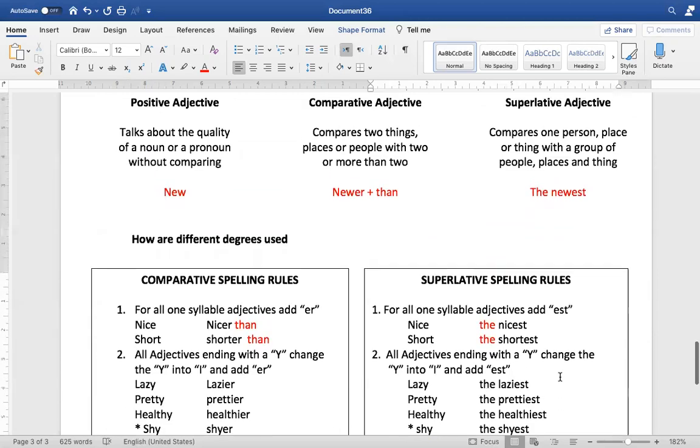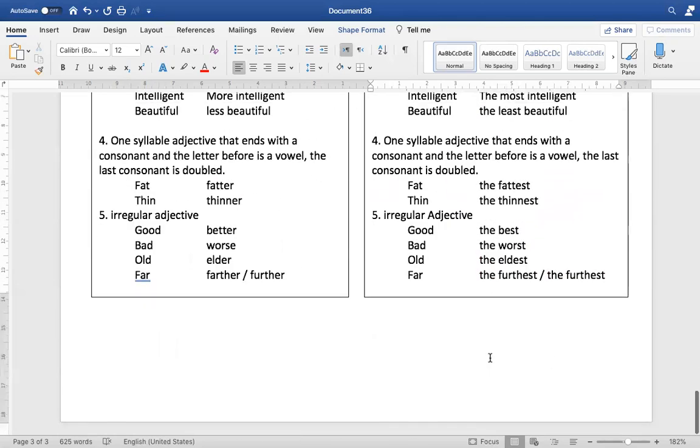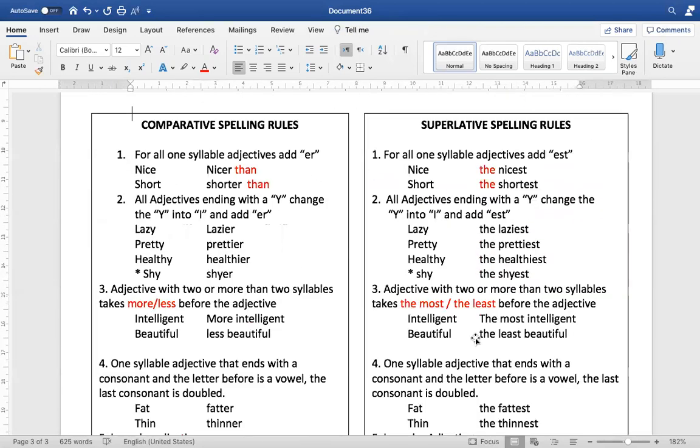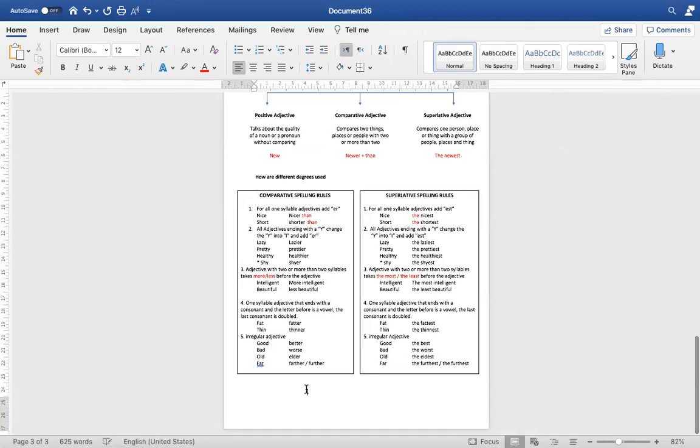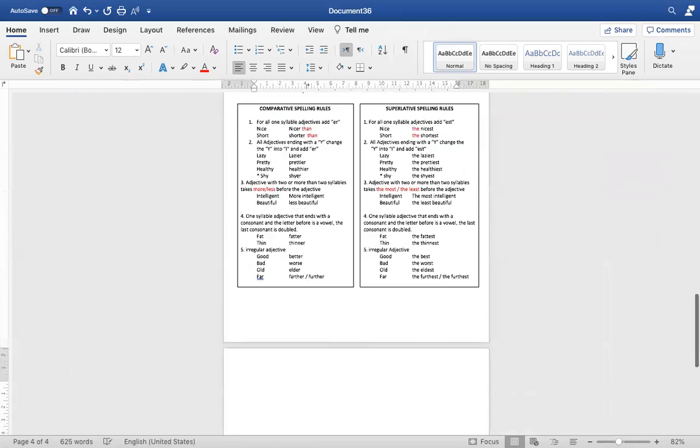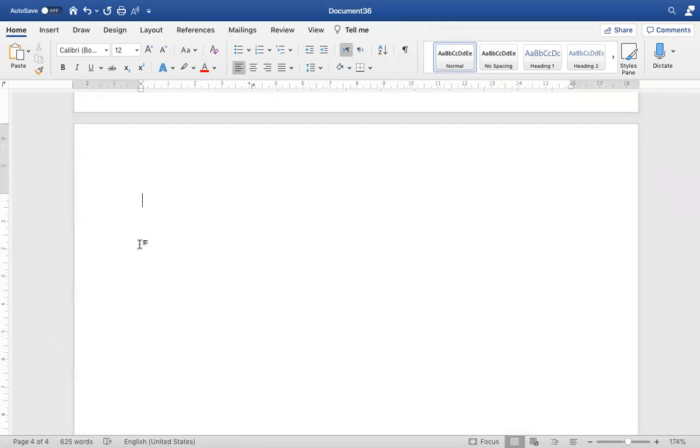Okay, so once you learn this, now let's go on and make some examples using comparative adjectives. And then I'll invite you for a little exercise, and that's it. So let's make, for example, a sentence. James is a really intelligent man.